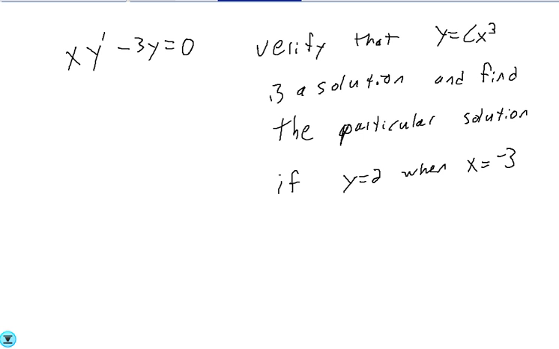Okay, so here we have a differential equation, and we've got a supposed solution for it, a supposed general solution. So we want to verify that solution and then find the particular solution given these initial conditions.